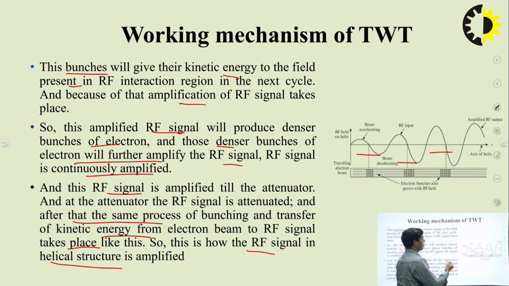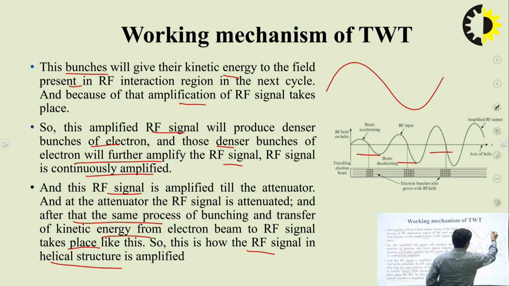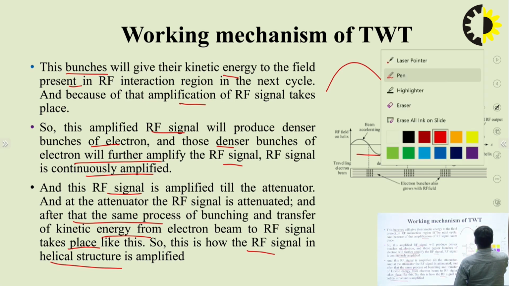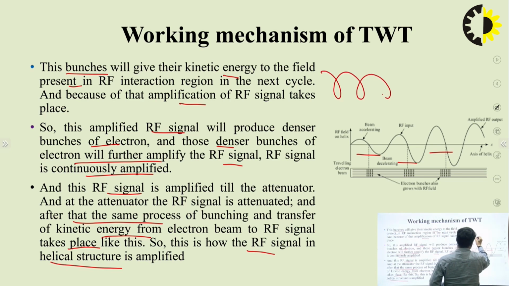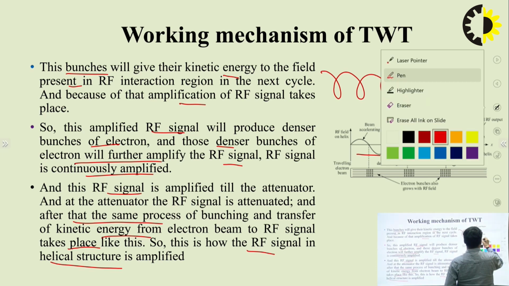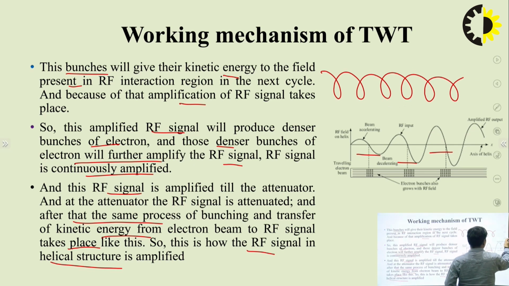For that point of view, let's say I am drawing this. Let's say I am creating a helical structure here like this one. After that, I am drawing some trajectory here.